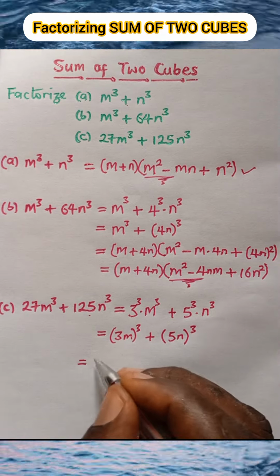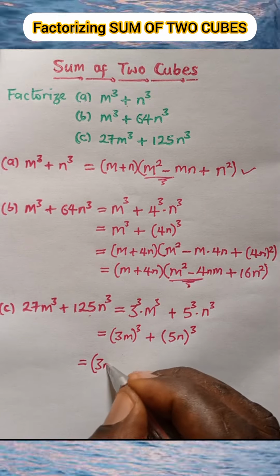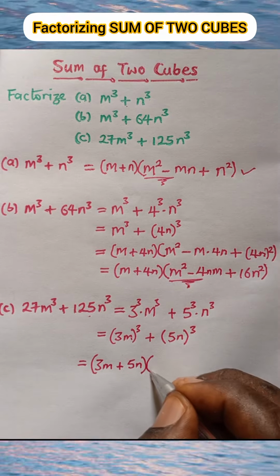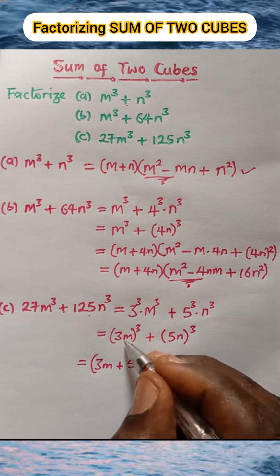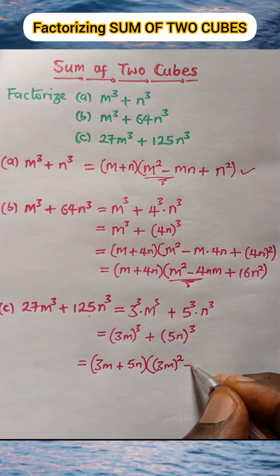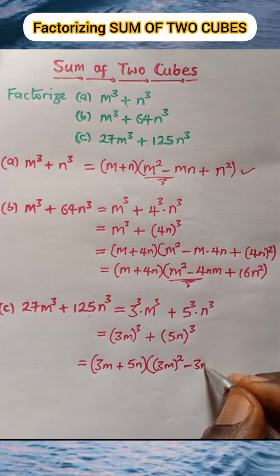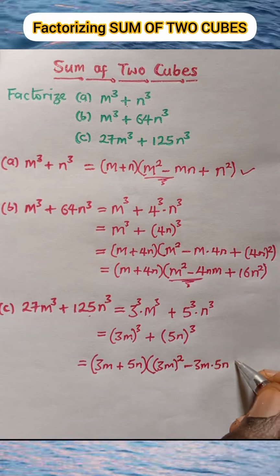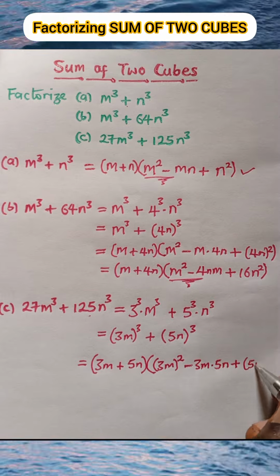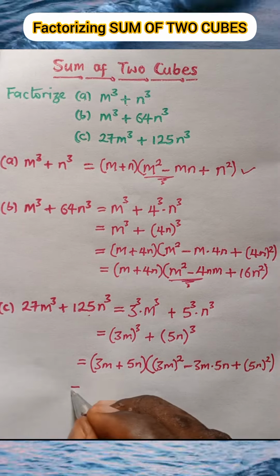And don't forget the pattern. The base of the first term plus the base of the second term in one bracket, which is 3m plus 5n in one bracket, and then the square of the base of the first term, which is 3m square, minus the product of both bases, which is 3m multiply 5n, then plus the square of the base of the second term, which is 5n square. So that the final answer comes out this way.